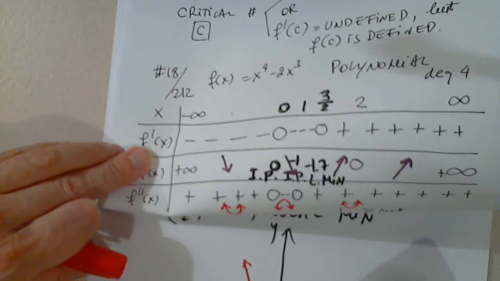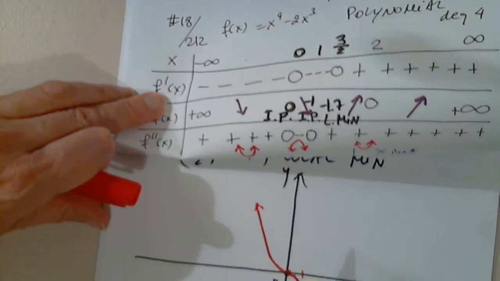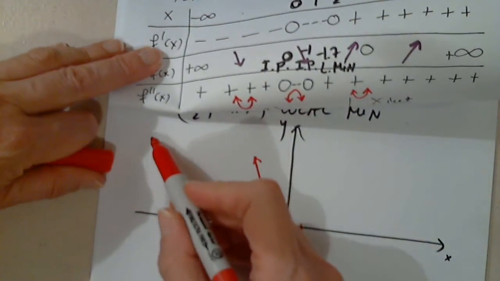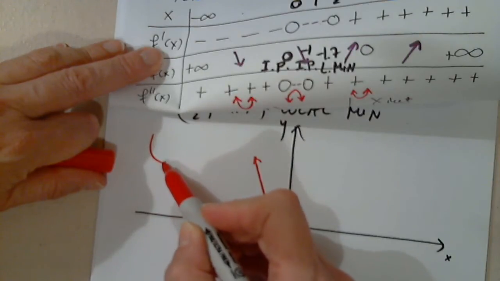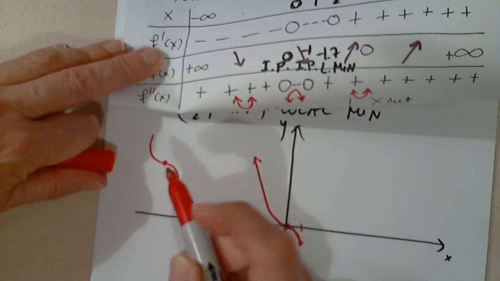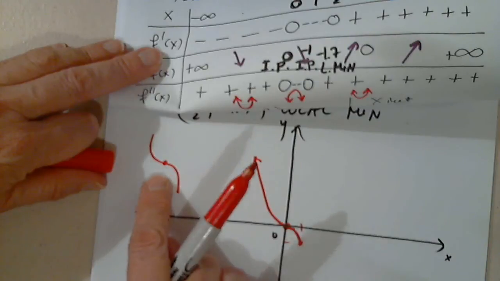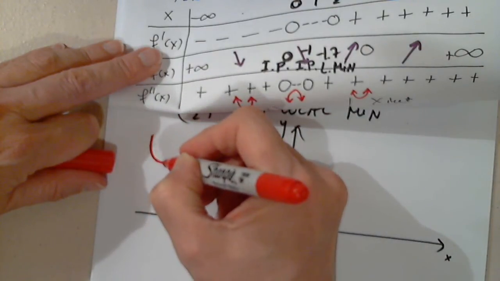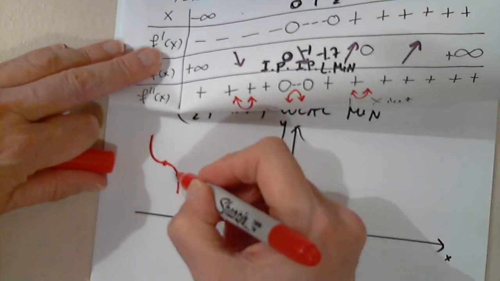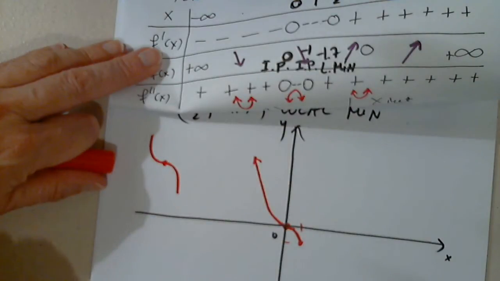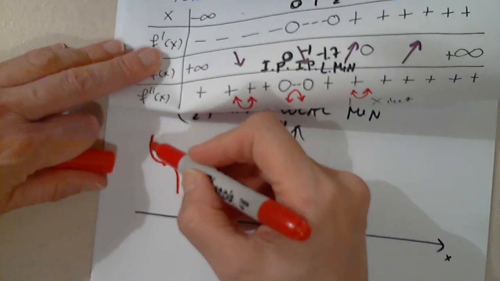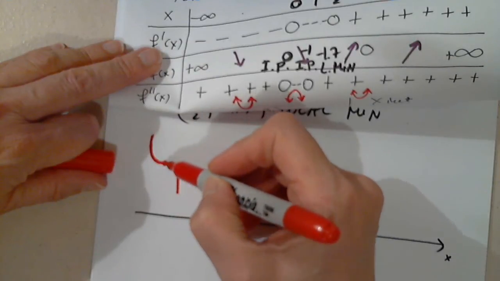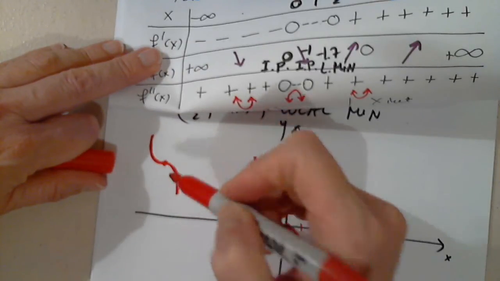So this was an inflection point. What is an inflection point? This is an inflection point. The function changes at that point concavity from opening upward to opening downward. This is not a max or a min. This is an inflection point. Opening upward, inflection point, opening downward.